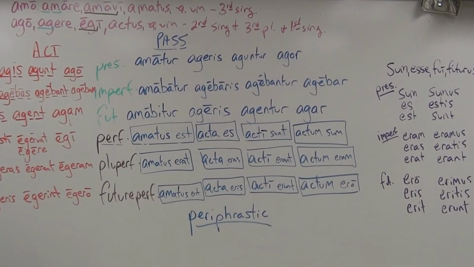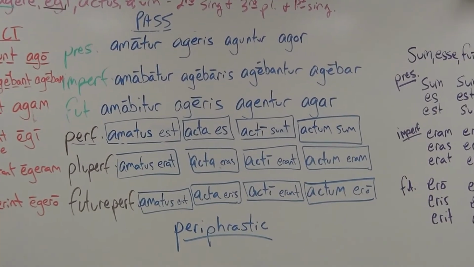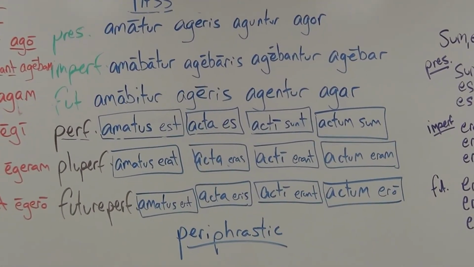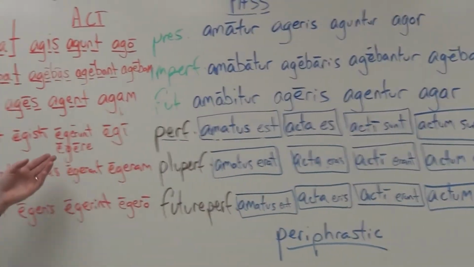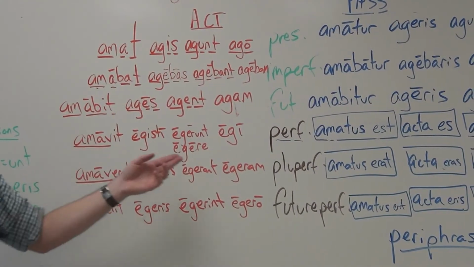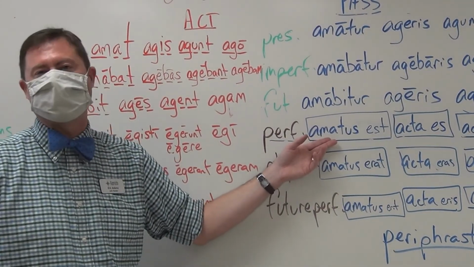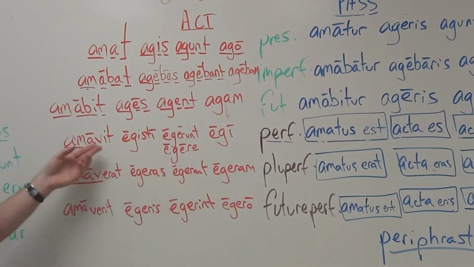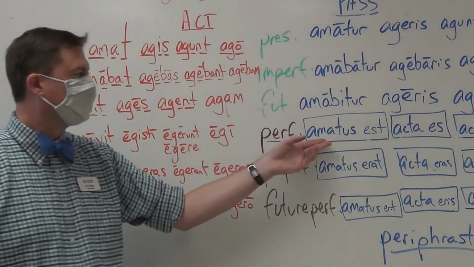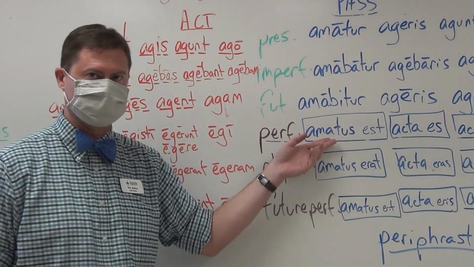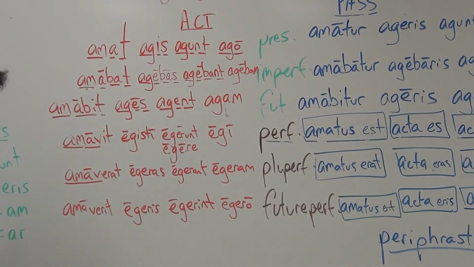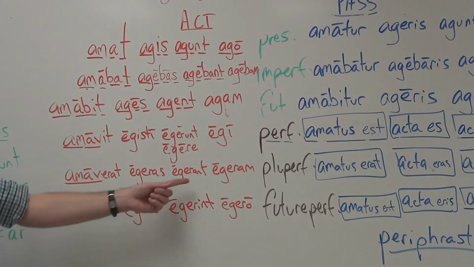Now quickly to translate them. He loved, he was loved. He did love, he did be loved. I'll count that right, but that's just bad English. He has loved, he has been loved. Let's go to pluperfect. Let's go with egerant.